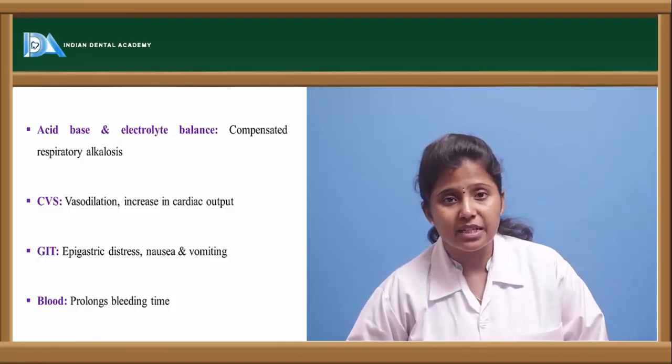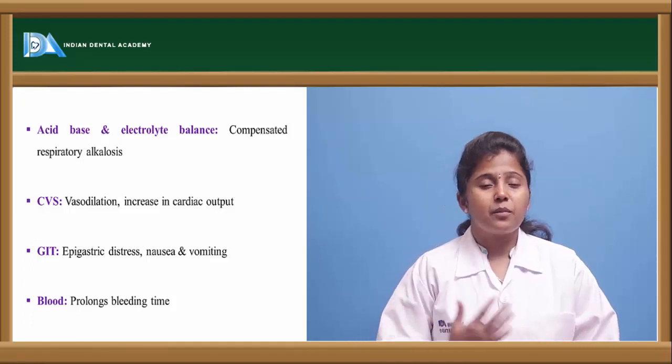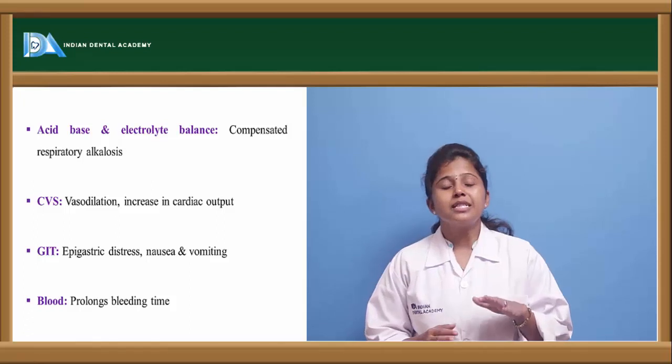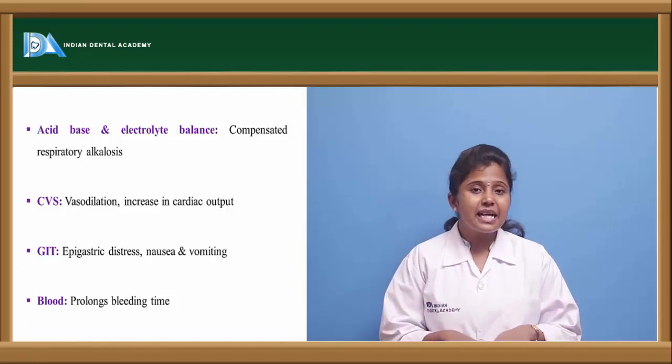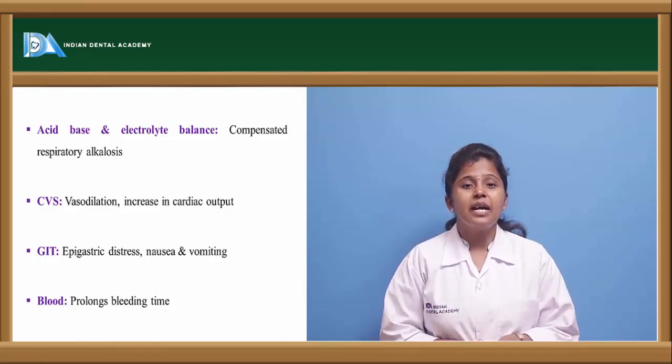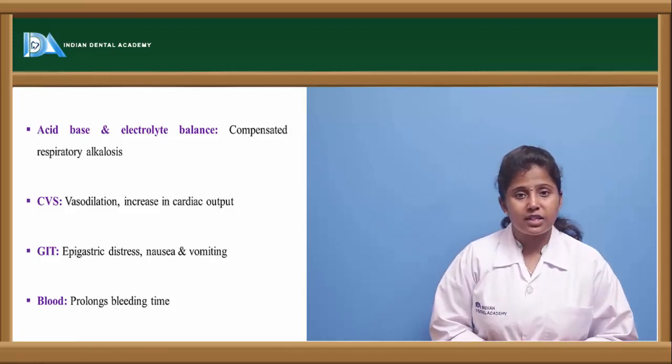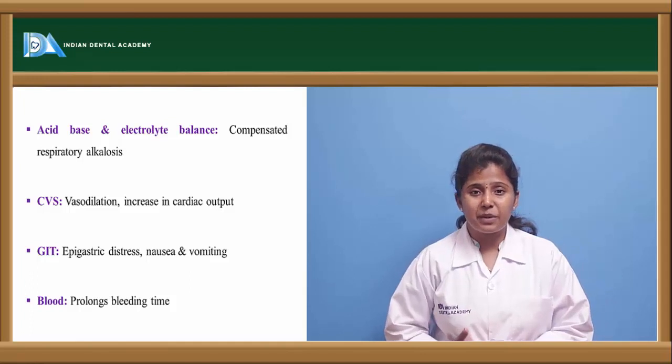In the respiratory system, the media is alkaline because of the pleural fluid present, so aspirin balances the alkaline media, thereby balancing the respiratory alkalosis condition. Thereby acid balance is made by aspirin.